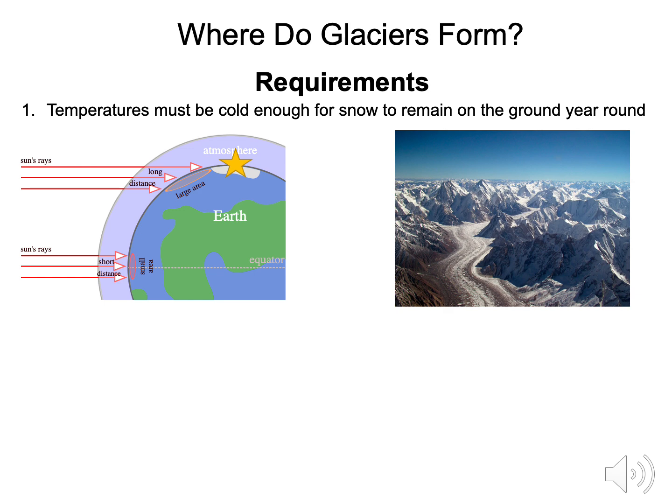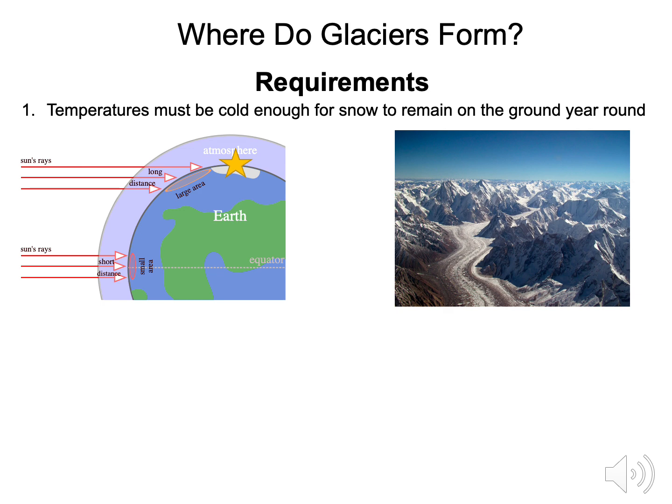The second type of location that potentially has the option of having snow remain on the ground year-round would be located at high elevations. If we take a look at the image on the right-hand side of the screen, this is a photograph, I believe, taken in Alaska.